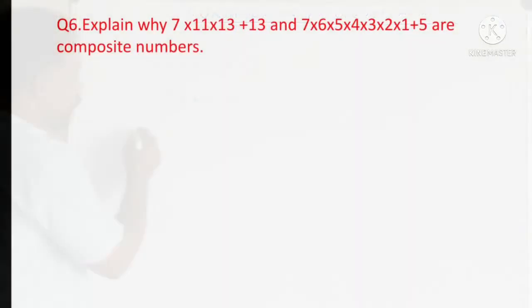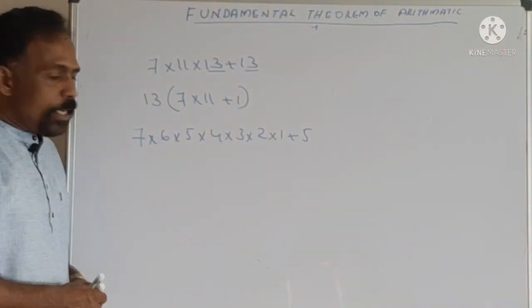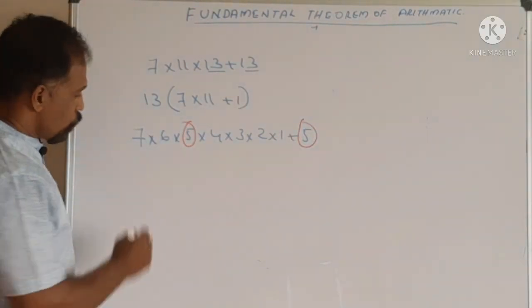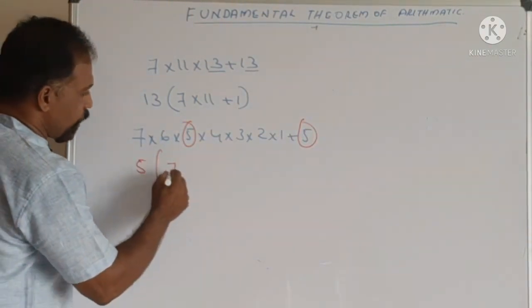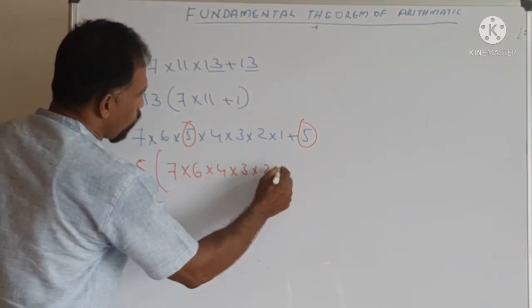Now, let us take the second one. 7 into 6 into 5 into 4 into 3 into 2 into 1 plus 5. Now, in this question again, 5 is common. So, we can take out 5. What is left? 7 into 6 into 4 into 3 into 2 plus 1.